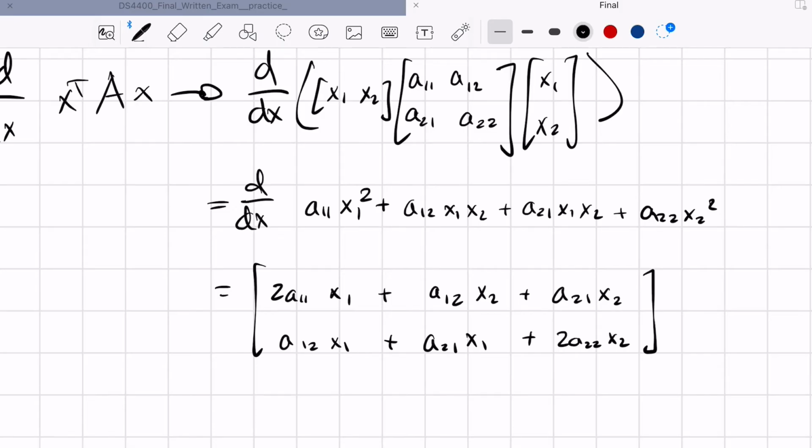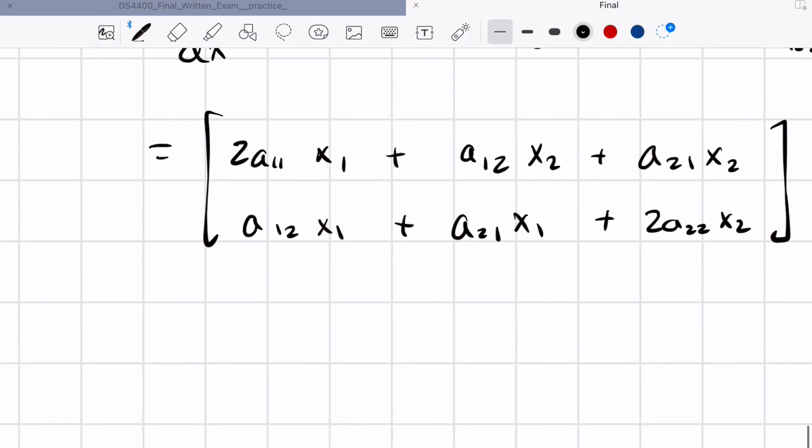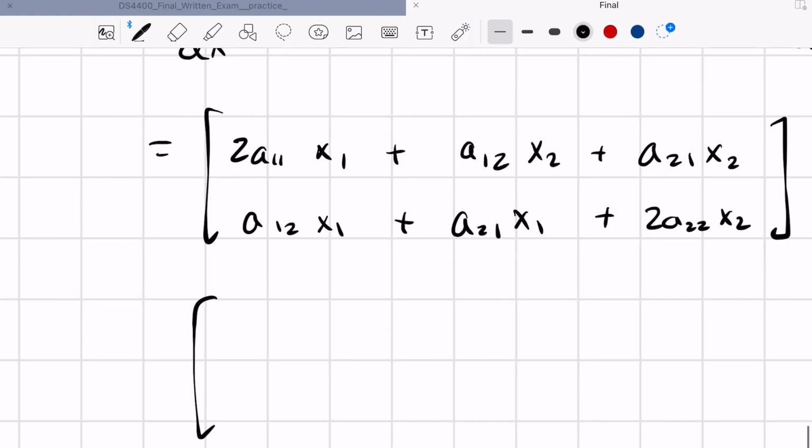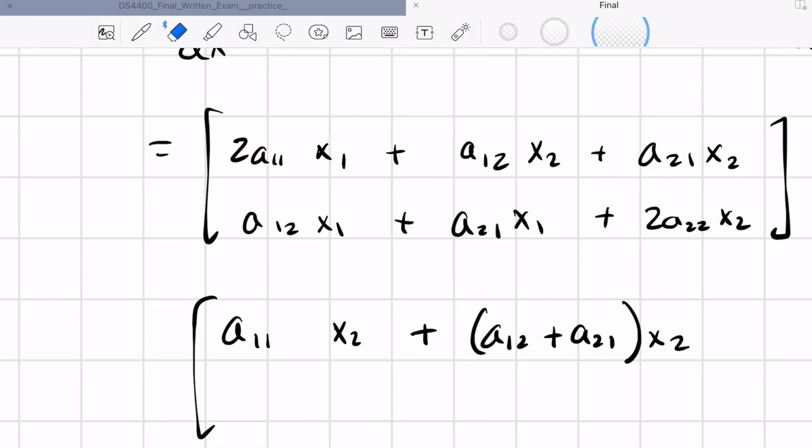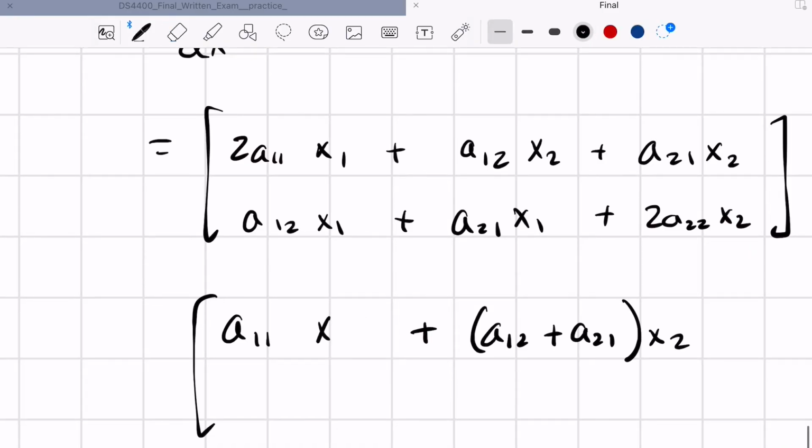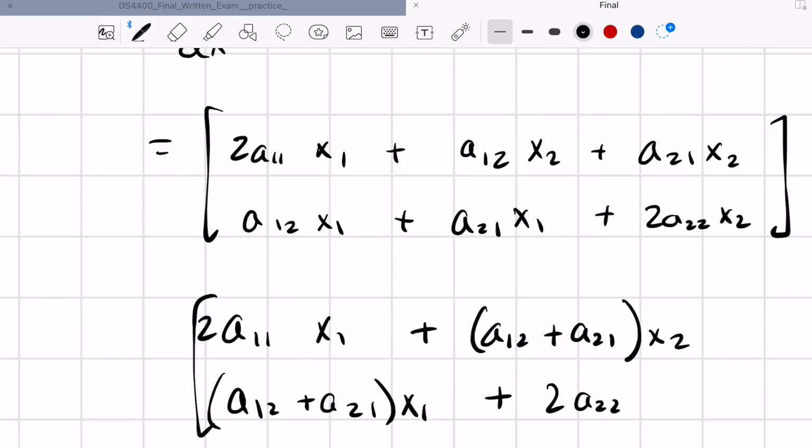If we do some rearranging, this just becomes a11 x1 plus a12 plus a21 x2. Oh, I messed up right here, this should be x1. And then the bottom becomes, similarly, a12 plus a21 x1 plus 2a22 x2. Sorry, I messed up the 2 at the top.